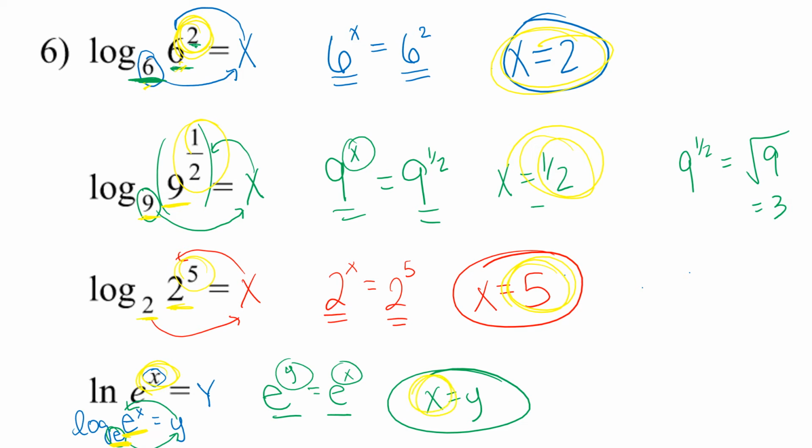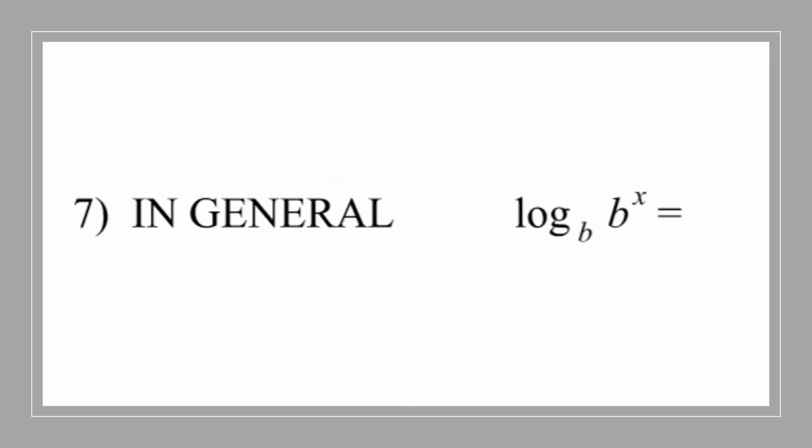That's our answer. So here's the general pattern. In general, if you have log base b of that same b raised to a power, it's always equal to just the power. That's it. It's just equal to x.